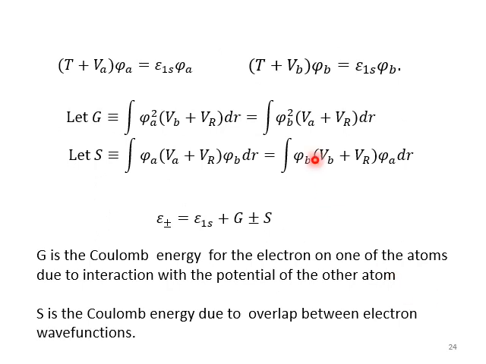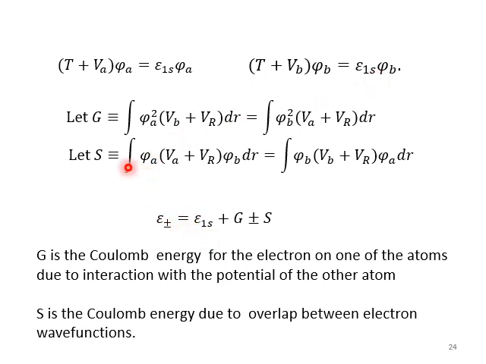As I pointed out, T plus VA operating on phi A is the energy of a state for an electron on atom A. T plus VB operating on phi B is the energy of an electron on atom B. Remember, I had a half out front, so this combination here is just the energy of an electron on a hydrogen atom.